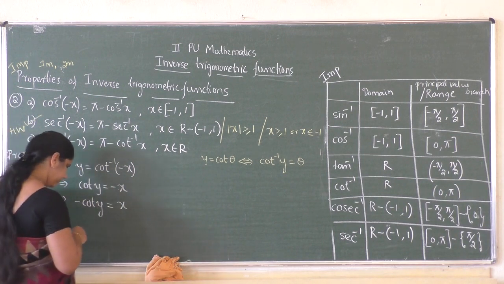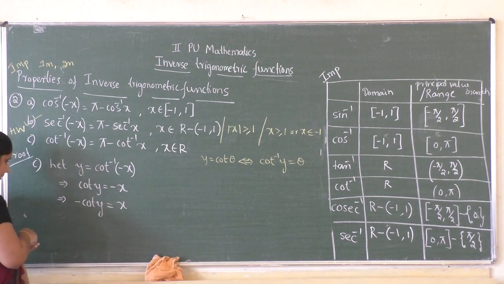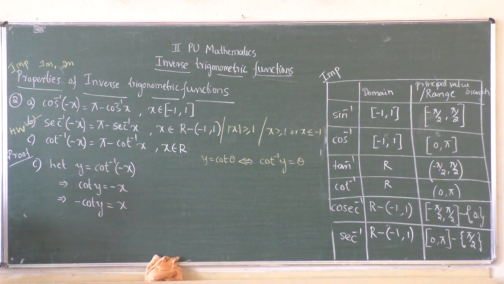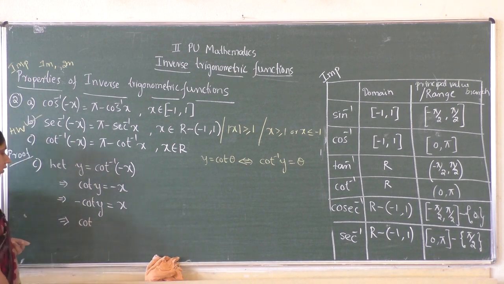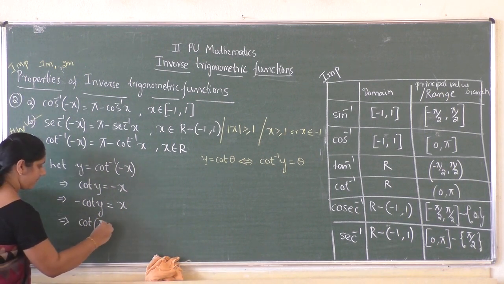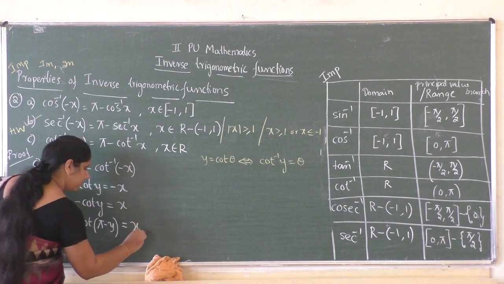Again, minus cot y can be written as cot of pi minus y, equal to x.